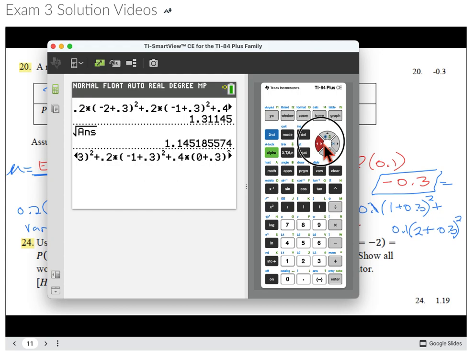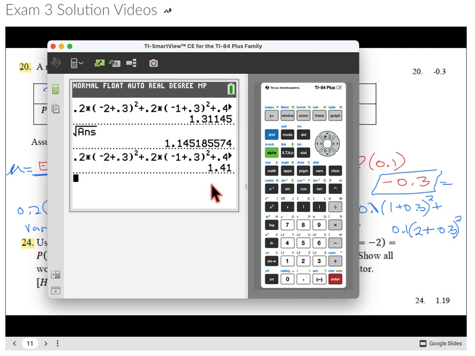I almost missed it. So on a test, make sure you look through what you actually put in. I thought I had the right things. You probably saw me putting in the wrong things and were yelling at me, but on the video you can't. So let's do this. Here we are, 1.41, and then we're going to take the square root of that, because that's what we need.